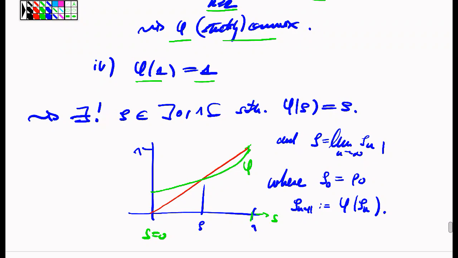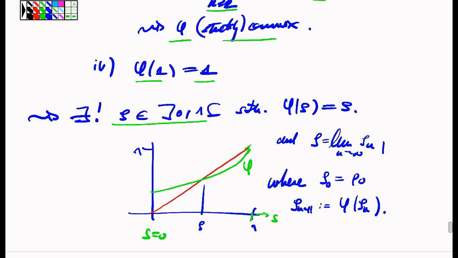It is strictly convex, and it starts with a derivative which is below 1 at initial time s equals 0, and it's strictly above 1 at s equals 1. And by an analytic lemma from one-dimensional analysis, you convince yourself that this means that there must be a unique interior fixed point of this function phi.